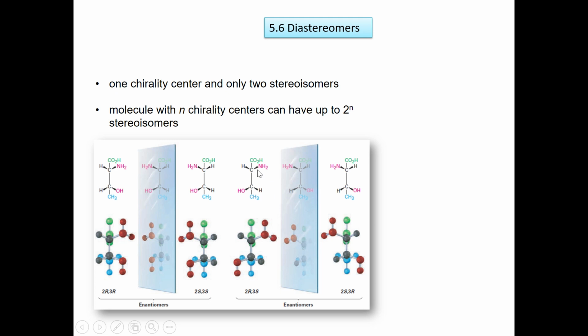However, if we have at least one chiral center with the same configuration in one molecule and one chiral center with different configuration, what we have is called diastereomers. They are stereoisomers that are not mirror images.